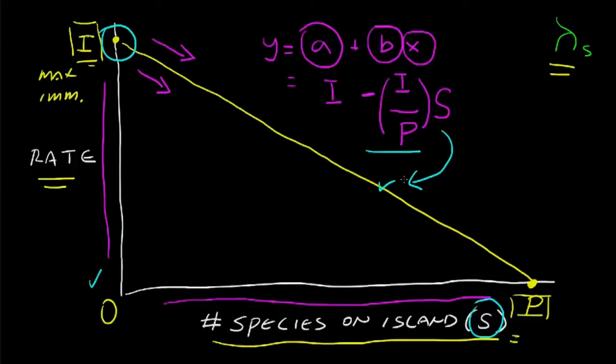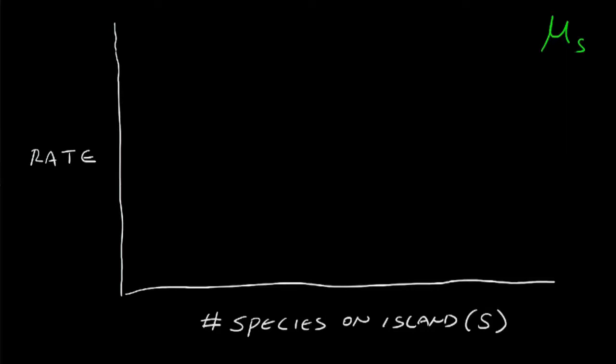Okay, so let's hang on to this one for just a moment, and we'll switch now from the immigration side of things to the extinction side of things. So now we're dealing with extinctions, and we've got the same graph, so now we've got a measure of rate on the y-axis. We'll call this extinction rate, and then we've got number of species on the island, again on the x-axis.